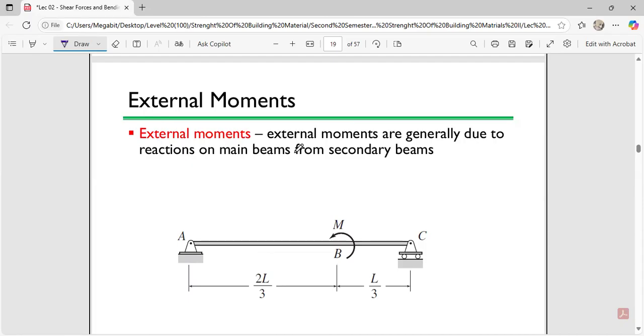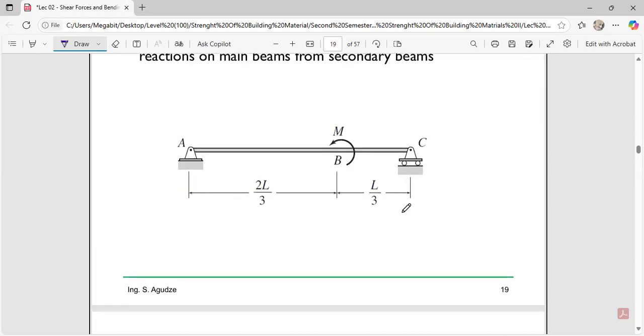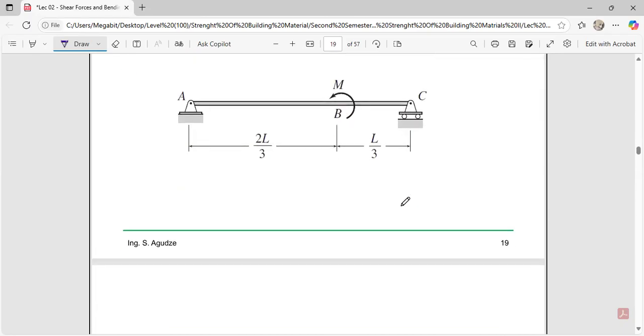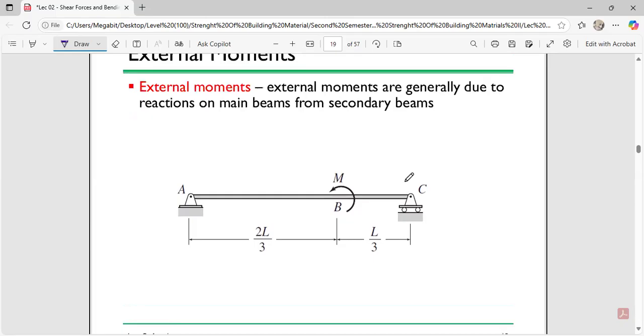Good. External moments are generally due to reactions on the main beam from secondary beams. So you can say that this is a simply supported beam. If you want to draw a free body diagram of this, don't get confused. You realize that this is a roller because it has two balls under it, and this is also a hinge support.